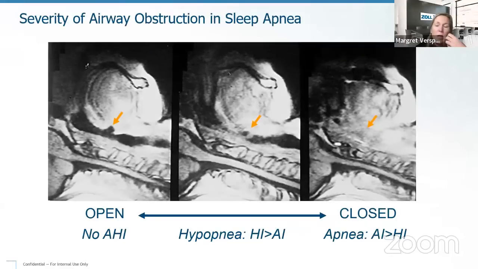Because we measure the result of the upper airway obstruction, so the arousal and the desaturation. Sometimes in a PSG you have a 9-second flow limitation, and if you follow the rules you may not score it, but it could be a 9-second flow limitation with a desaturation of 6-7%, for example, with an arousal, and you may not score it when you follow the guideline because it's not 10 seconds.